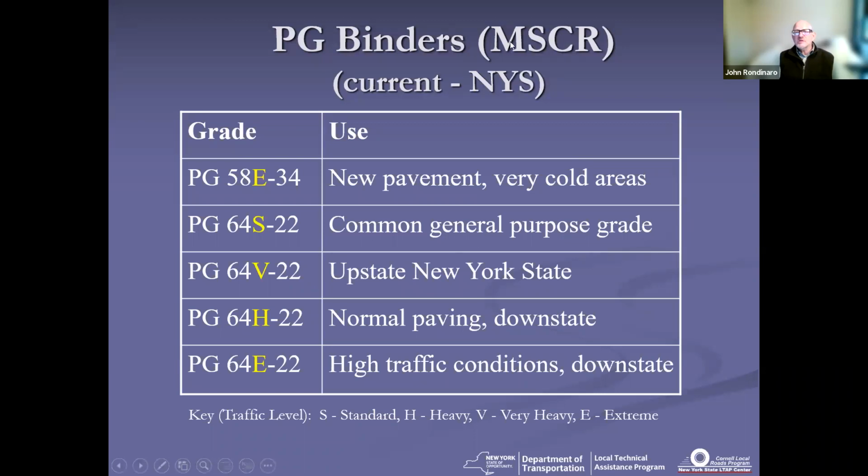We now use what is called the MSCR system, which stands for multiple stress creep recovery. So we use MSCR grading in New York now, and we've added an alpha indicator to the grading system. Look at the key at the bottom of the table. That alpha indicator, that letter, is an indicator of traffic level. S is standard, H is heavy, V is very heavy, and E is extreme.